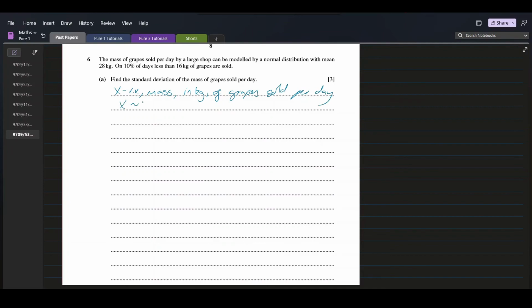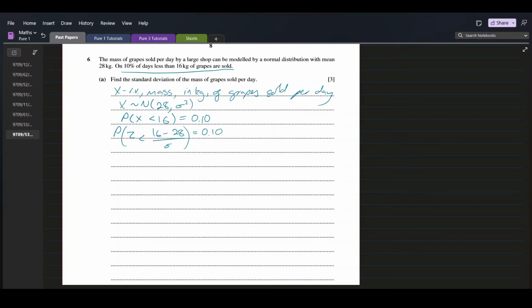So X follows a normal distribution with mean 28 kilograms and variance sigma squared, and we're given that the probability of X being less than 16 is equal to 0.10. So we can standardize, that would be Z is less than 16 minus 28 over sigma, and this is equal to 0.10.